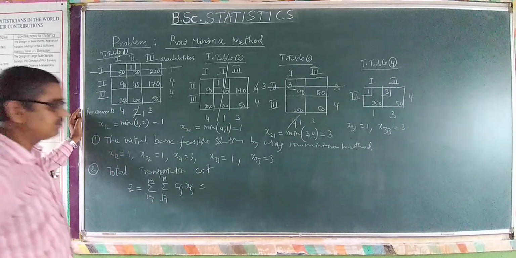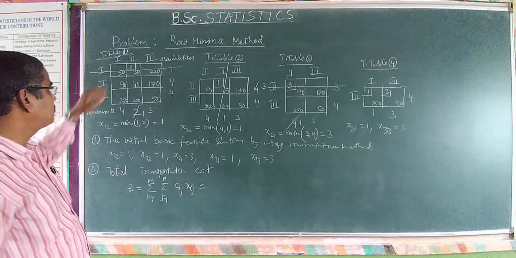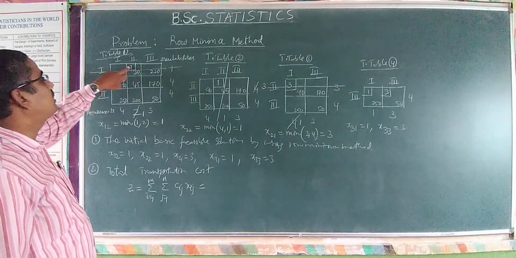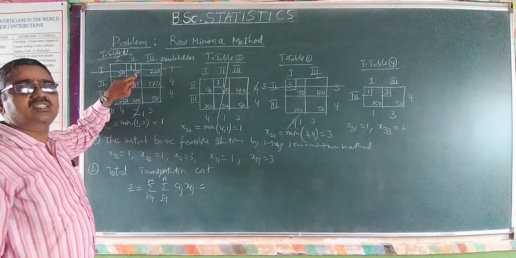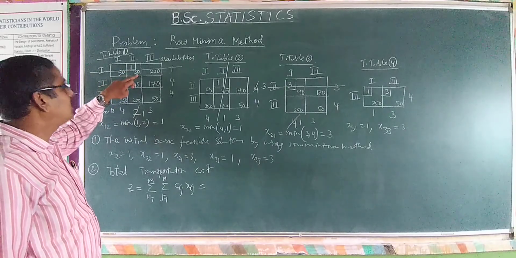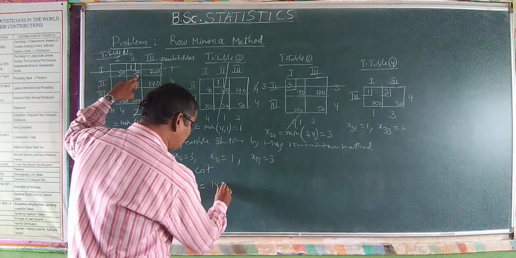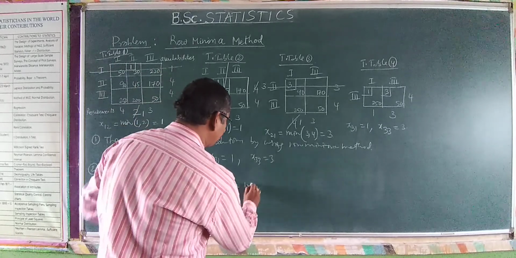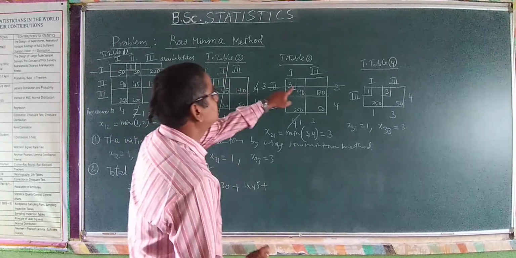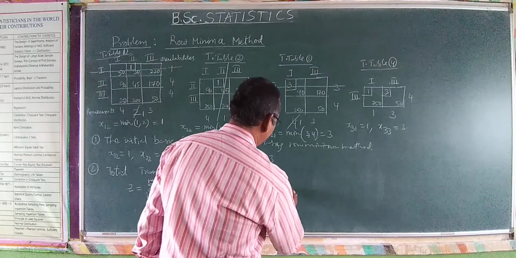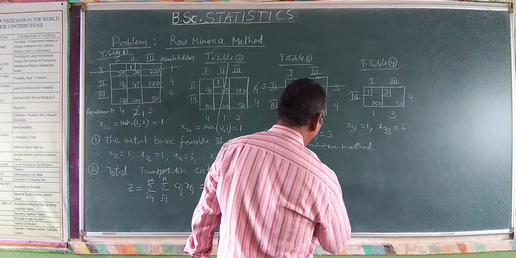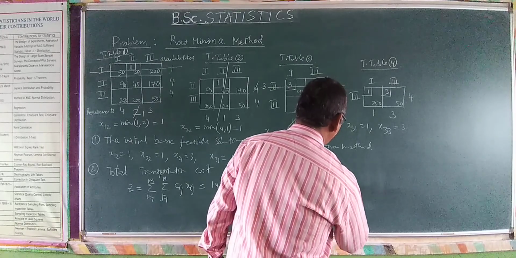Go and refer to the tables. 1 multiplied by 30, where this is the quantity Xij and this is the cost Cij, and you can write in any order. Plus 1 multiplied by 45, plus 3 multiplied by 90, plus 1 multiplied by 250, plus 3 multiplied by 50.